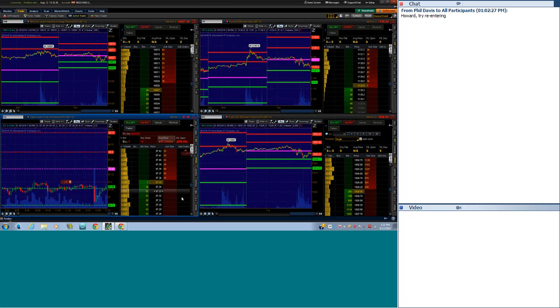All right, so that's the plan at the moment. But if I'm wrong and oil tests 97.50, you see how it shows up nicely? It's nice to have these on the chart. It shows me that I'm going to get shorter at that spot. So even if it spikes up there, if I'm lucky, I'll get my fill, and then it can start heading back down. As soon as it gets my fill, hopefully we'll hear it in the headphones, and it'll be a signal. Oh, and there's Russell giving us the signal.